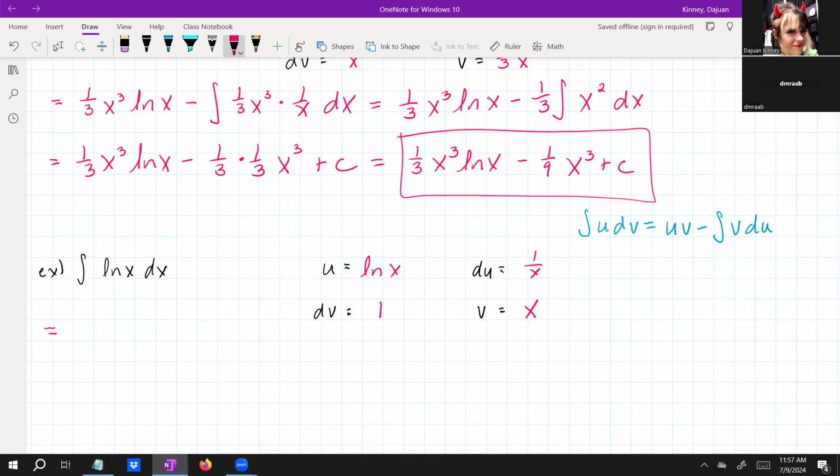All right, u times v minus integral v times du. x over x is just 1.